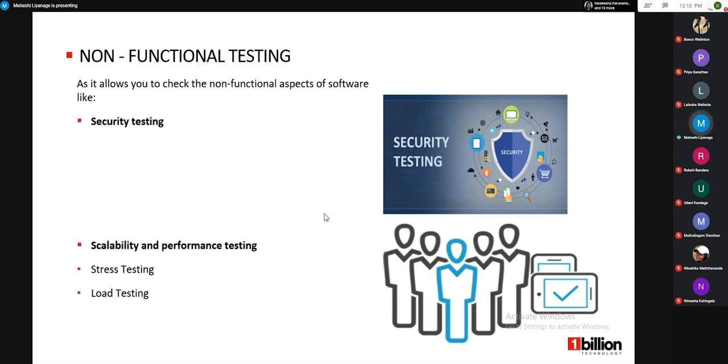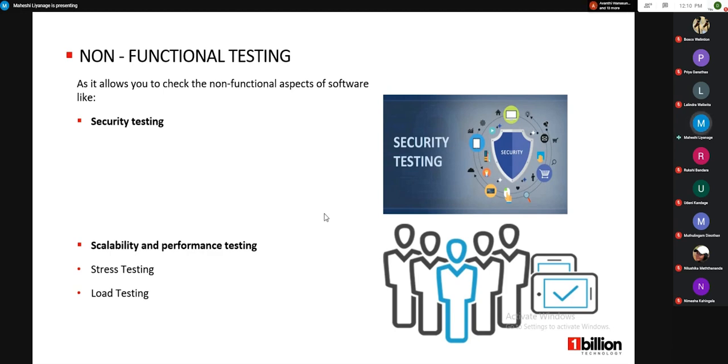Some of the most popular cloud-based tools are Nmap, Nessus, and Wireshark. So that's about security testing as non-functional. Then we have scalability and performance testing. This type of testing ensures that your application performs well and correctly with various numbers of users. During load testing, testers can measure the software response time while increasing the load.